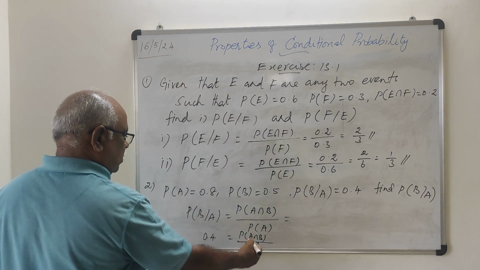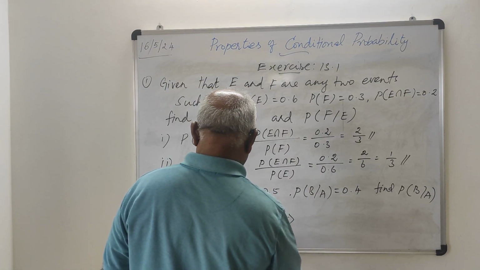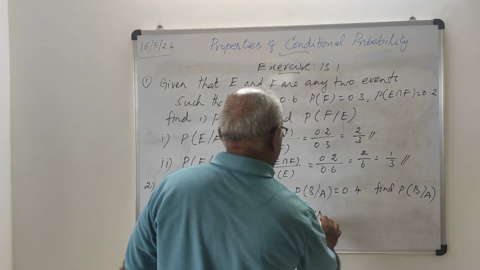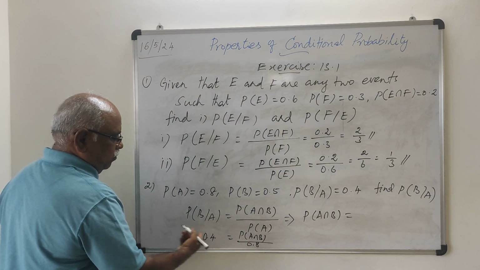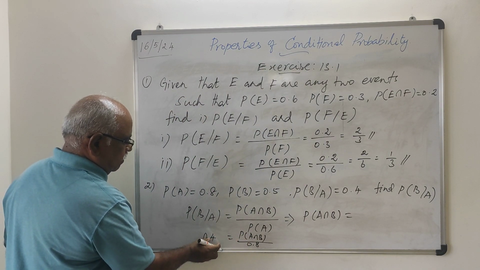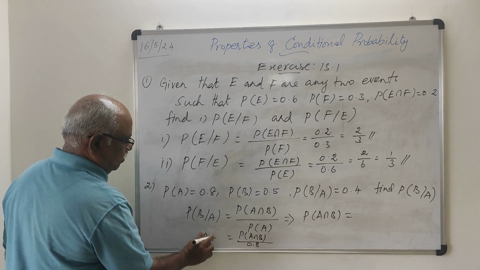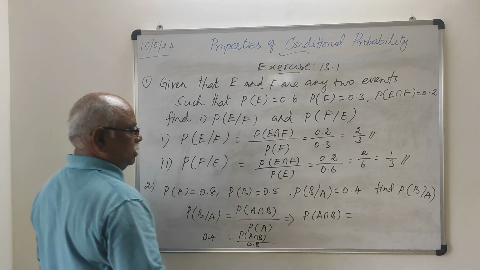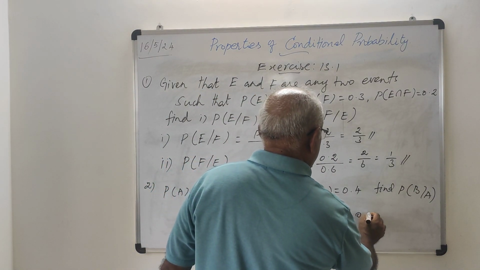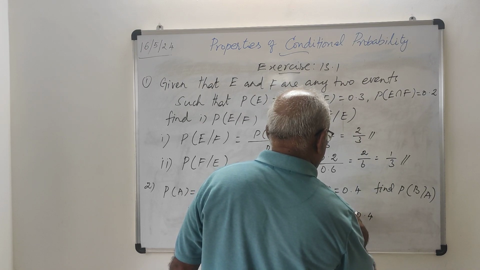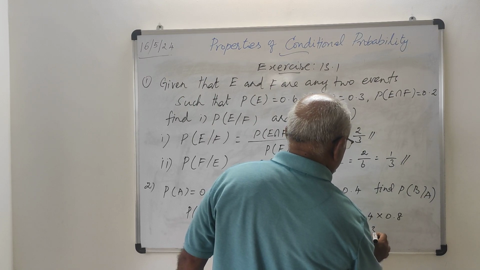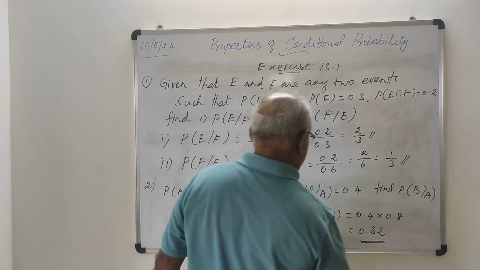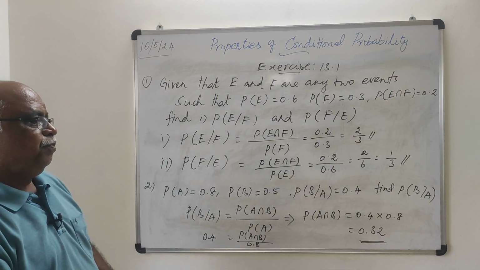From cross multiplication, P of A intersection B equals 0.4 into 0.8, that's equal to 0.32. So P of A intersection B is 0.32.